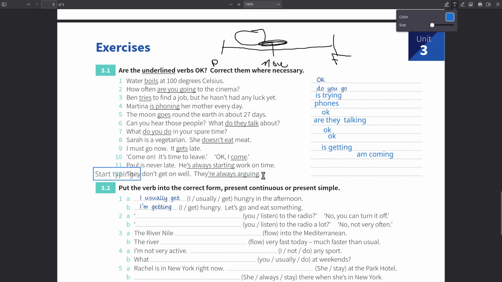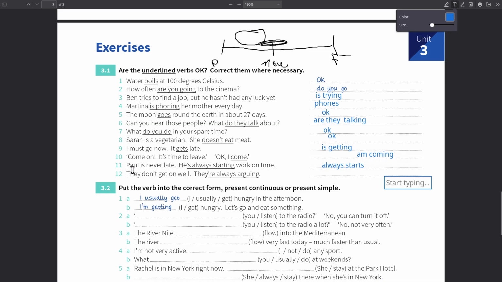Paul is never late. He's always starting work on time. Okay, I think it's just a simple present. He always starts work on time. Why? Because let's analyze the first part.